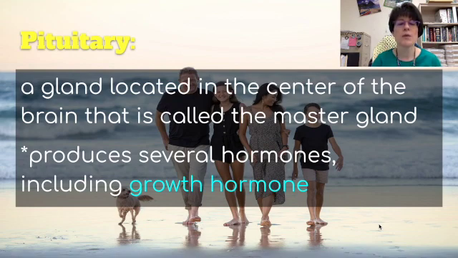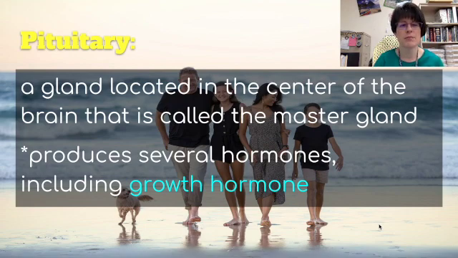hormone. In fact, when I was in college, I had a high school friend who discovered that she had a tumor in her pituitary gland that had to be removed. And as a kid, she had kind of strange things going on with her body. She had unexplained weight gain. She had very high blood pressure for a young girl.